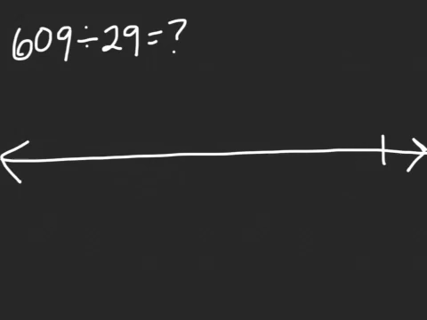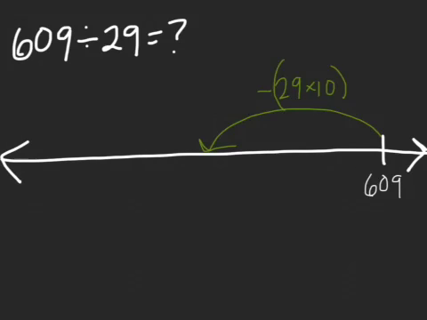If I know that my starting point is 609, and I'm going to need to end up with fewer classrooms than the 609 students, that means that I'm going to be traveling to the left on the number line because left is less. So 609 students in all. Well, let's just start grouping them and seeing how many classrooms we can make. So let's take away a group that's very natural to work with in friendly numbers.